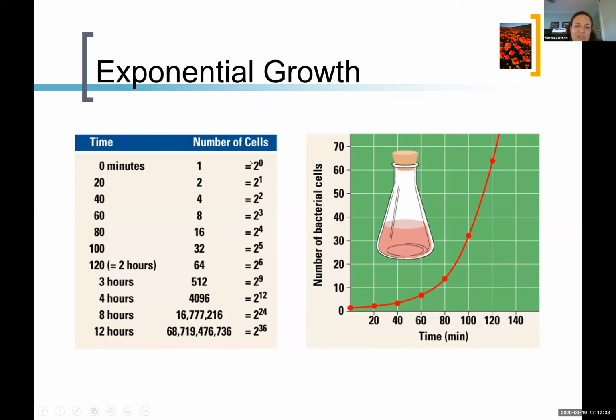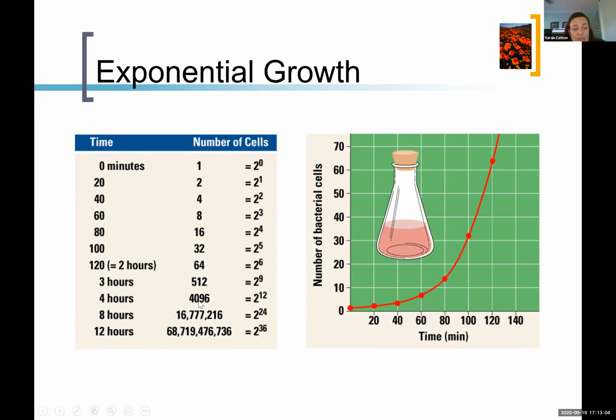It's called exponential because here's the math that describes that process. They're showing you the first 1, 2, 3, 4, 5, 6 reproductive cycles, right? So we go from 1 to 64. And then they start leaving out some of the details just so that you can see how it quickly picks up, okay? So from 1 cell to 64 after 2 hours, but that becomes 512 after 3 hours.